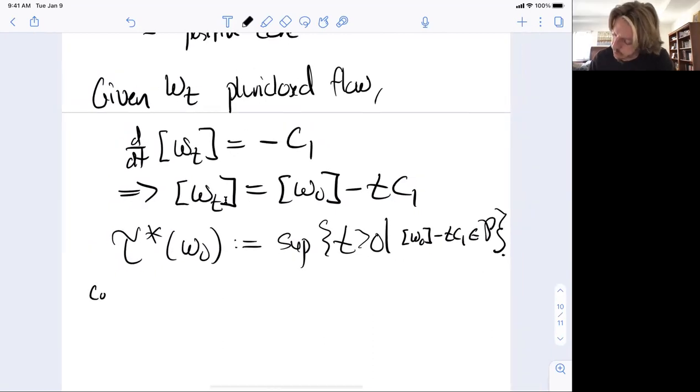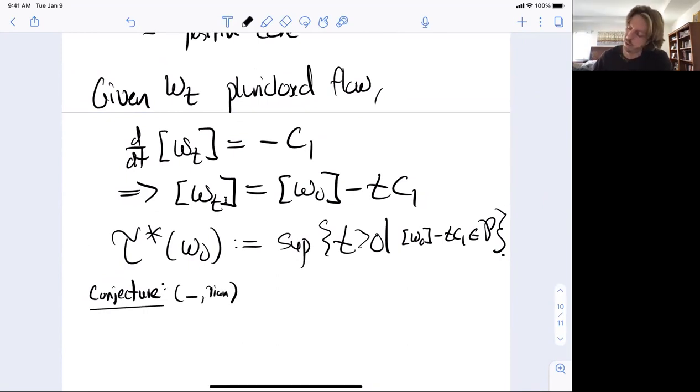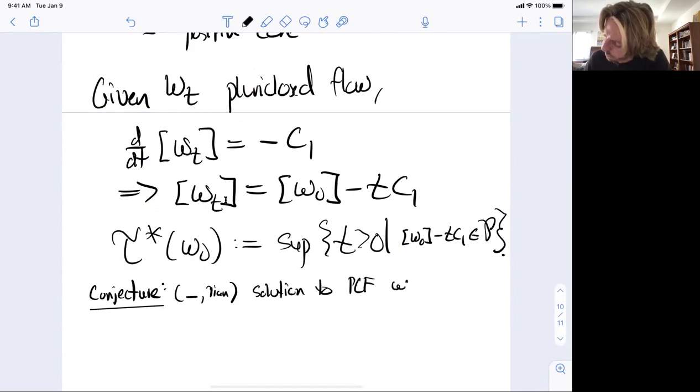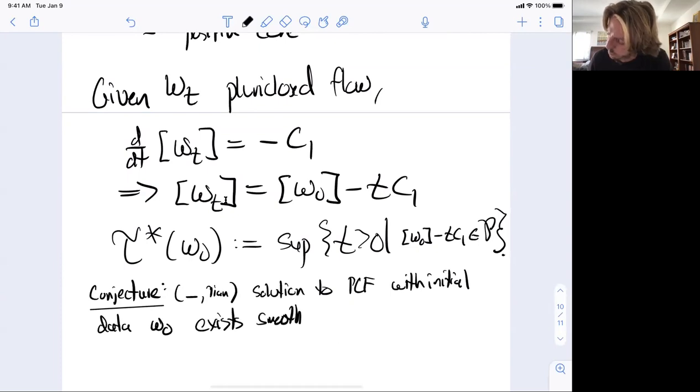And then the conjecture, and this was how we set things up in this original work with Tian, is that the solution to pluriclosed flow with initial data omega_0 exists smoothly on [0, tau star of omega_0).